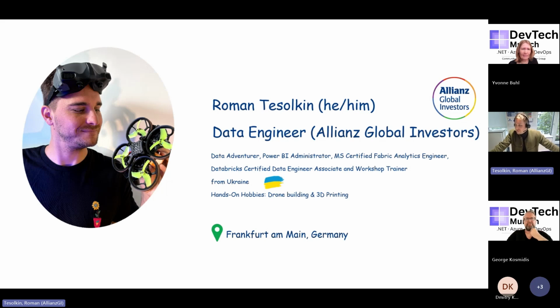Originally from Ukraine, my hands-on hobbies, as you can guess from the topic of the session, include 3D printing, but I also do drone building, and those hobbies combine quite often, because while flying, drones quite often crash, and 3D printing technology helps a lot to recover drones without spending that much money. I'm based in Frankfurt am Main in Germany.